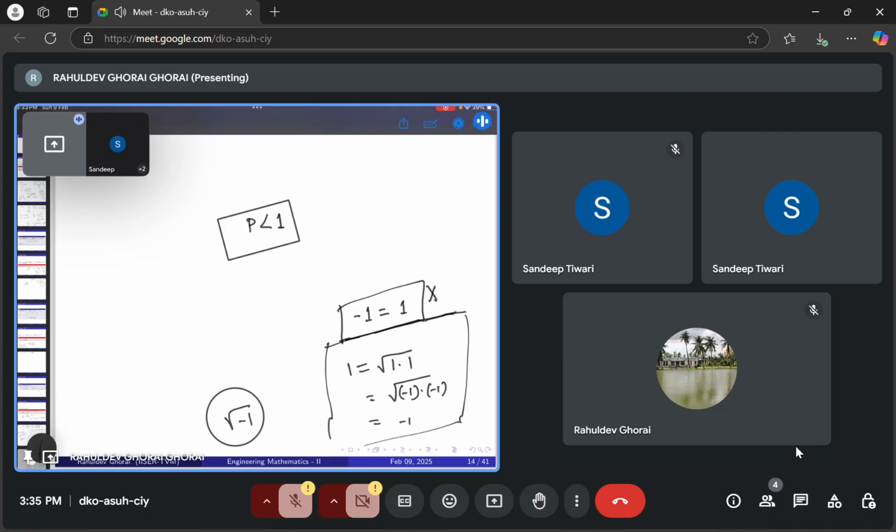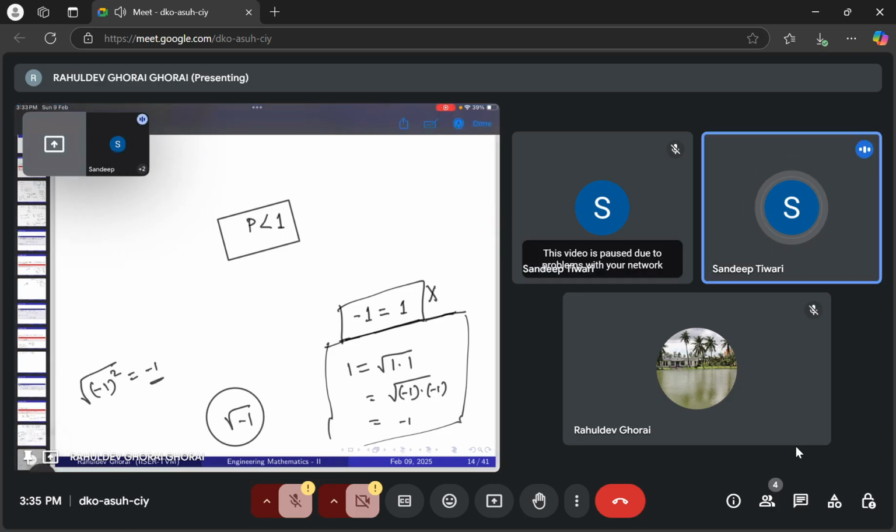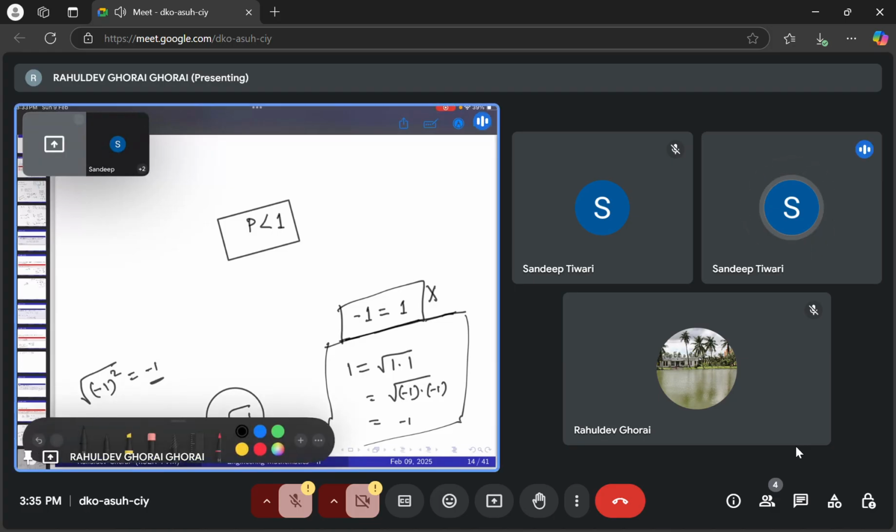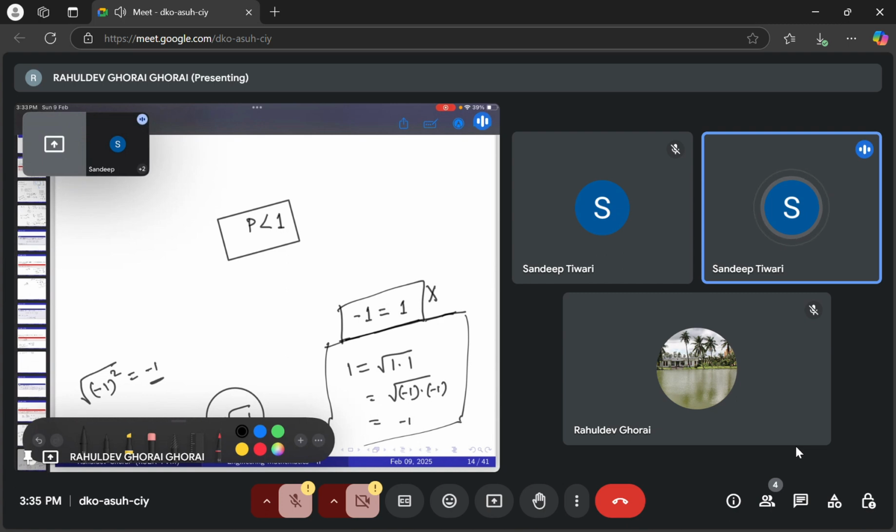What they write is the square root of minus 1 times the square root of minus 1, that is equal to minus 1. Basically, they write i times i, that is minus 1. But that won't be the case.